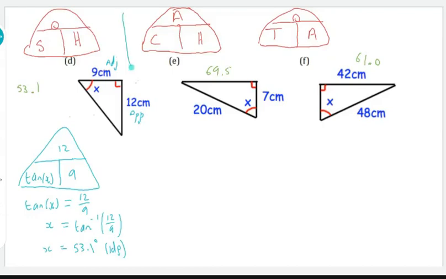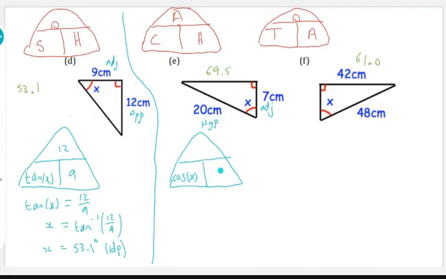Happy days. And then going through the second one, we've got adjacent and hypotenuse. So we have the cos one because that's A and H. So we have cos of x.